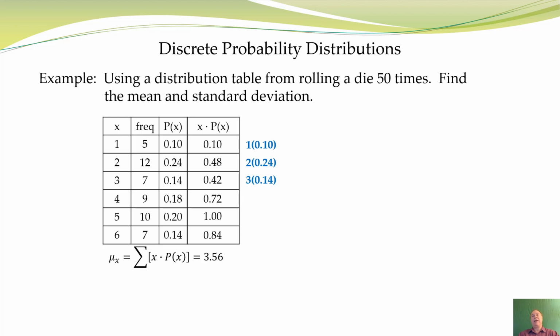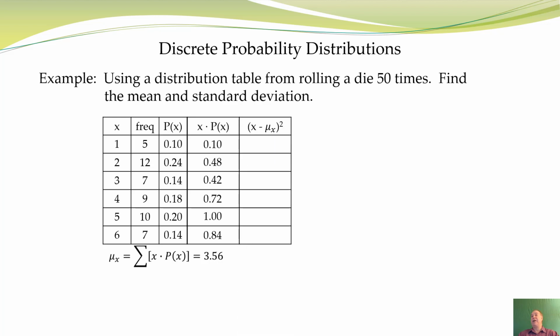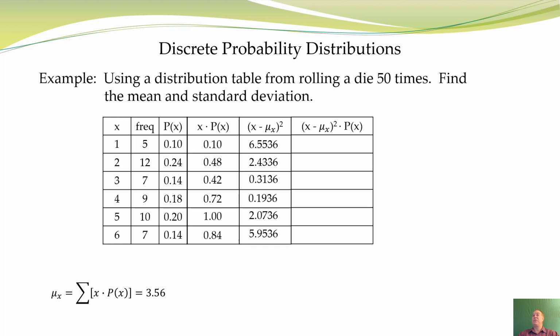Now, if I want the standard deviation, I need to add another column where I take x minus mu of x quantity squared. So mu of x is 3.56. So I'm going to take 1 minus 3.56, square it, 2 minus 3.56, square it, etc. Now I need to take this times p of x. So I take that times p of x, and I get the following values.